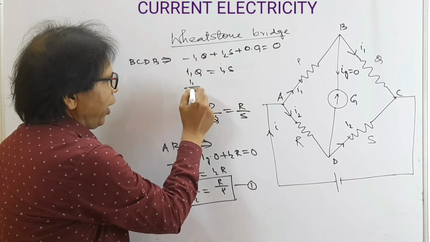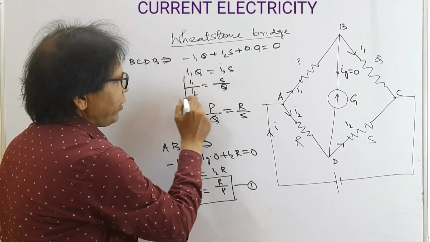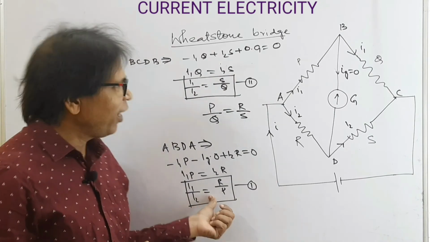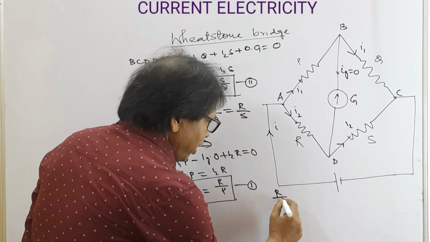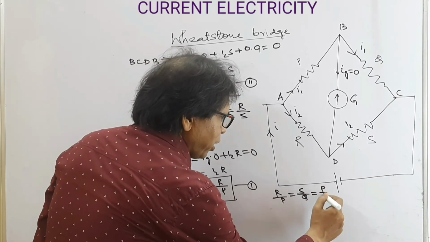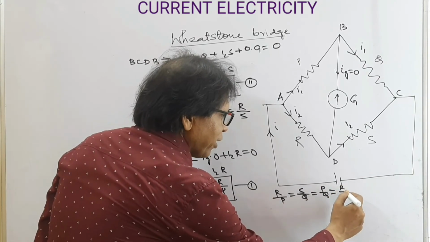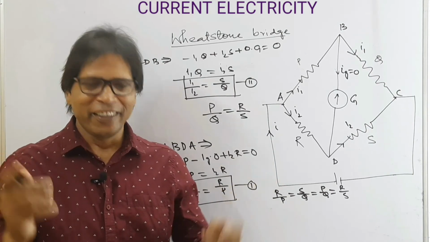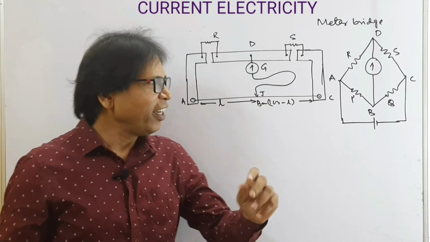So I1 by I2 is equal to S by Q. This is equation number 2. From 1 and 2 we get R by P is equal to S by Q. So P by Q equals R by S. Okay, understood? Next.